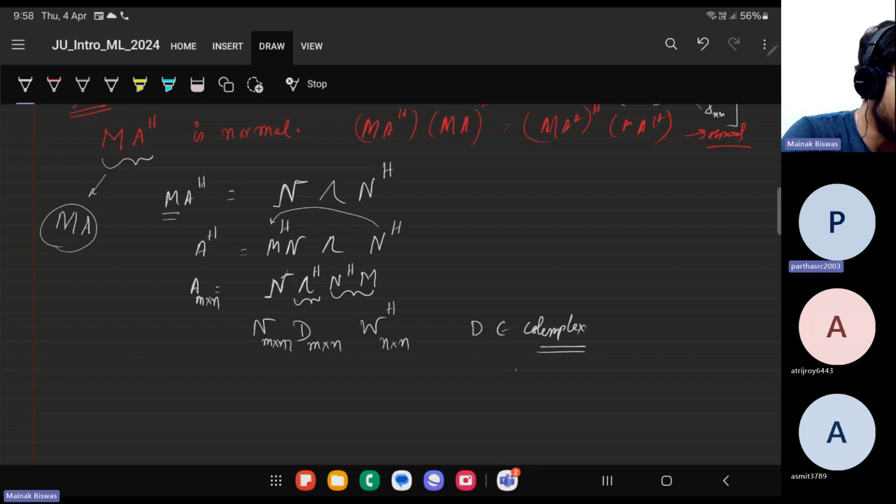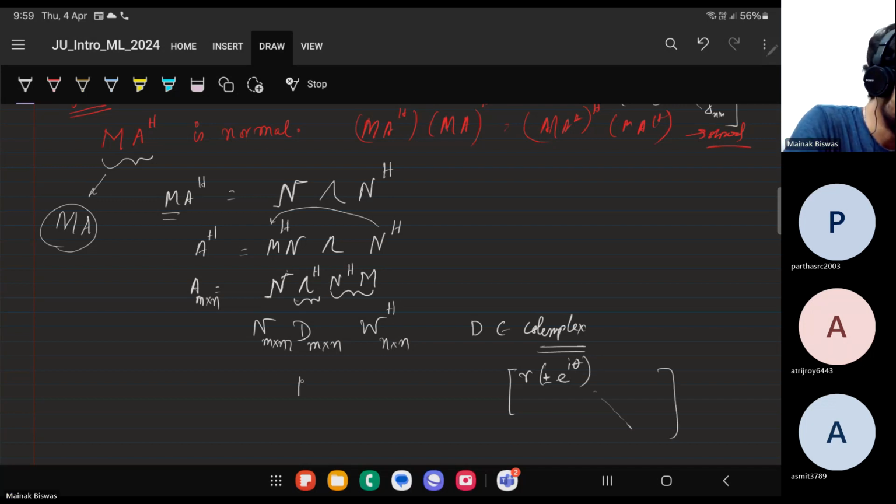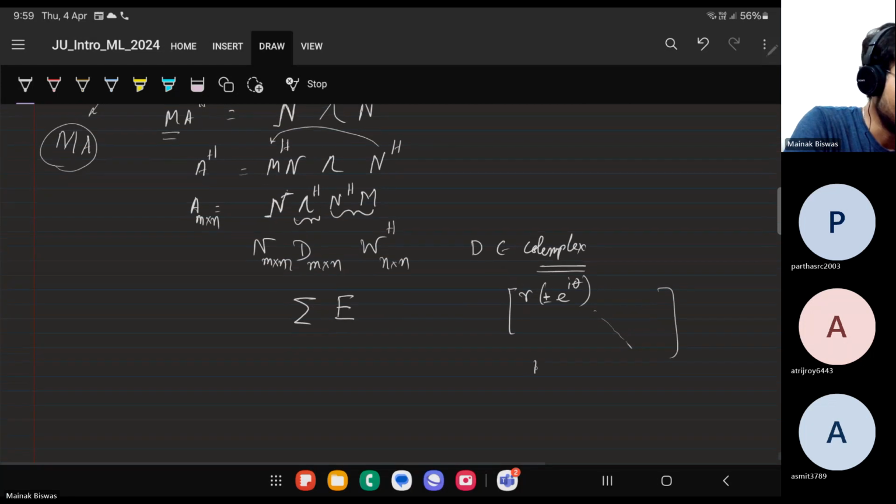But any diagonal element can be written as R into plus minus e to the power of I theta. So I will separate out the sigma matrix from the phase matrix. Let me write the phase matrix as E, the matrix with e to the power I theta 1, e to the power I theta 2, and so on.